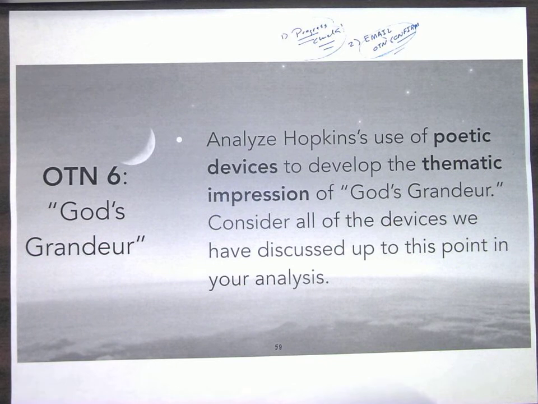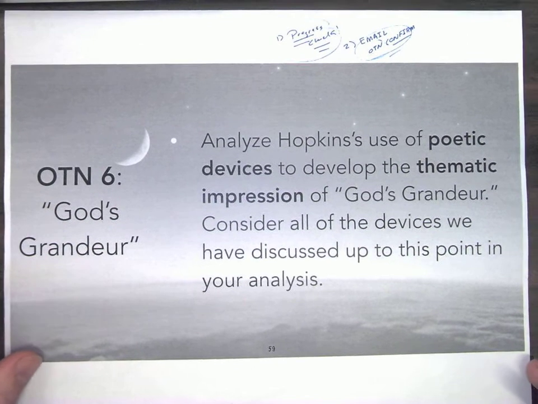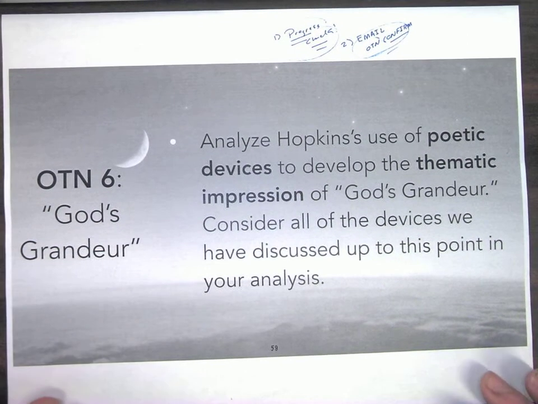We're going to look at the phonetic aesthetics of the poem, or the sonic devices, including alliteration, assonance, rhyme. We're also going to look at the rhythm of the poem and the ways in which Hopkins is using rhythm to develop his meaning and to illustrate and make palpable his theme.